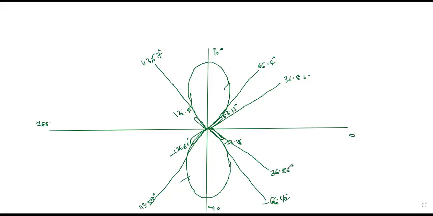The other value you have is 143. It should come after 126 only. So you will have it somewhere here. Draw it properly, I'm not drawing it exactly. Here it is 143.13 degree.